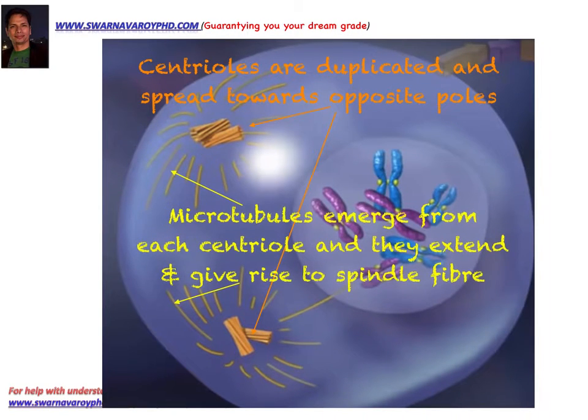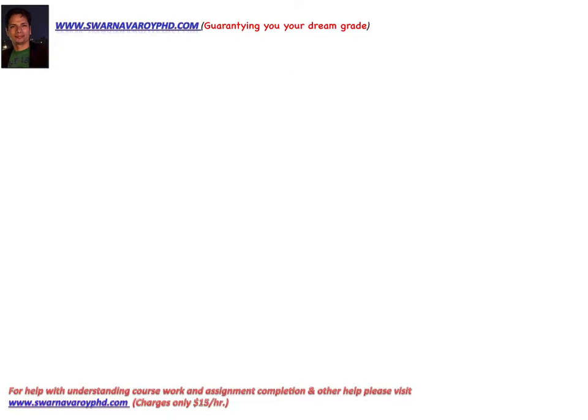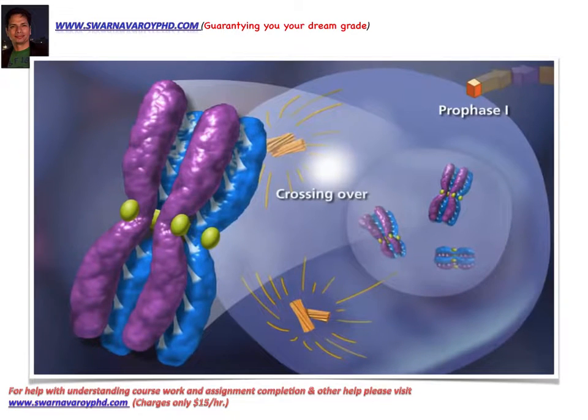Okay, and the centrioles have microtubules emerging from them, and these microtubules form the spindle fibers, and it is on these spindle fibers that the chromosomes will come and align. So we will talk about that in the later stages. So this is the beginning of the prophase.